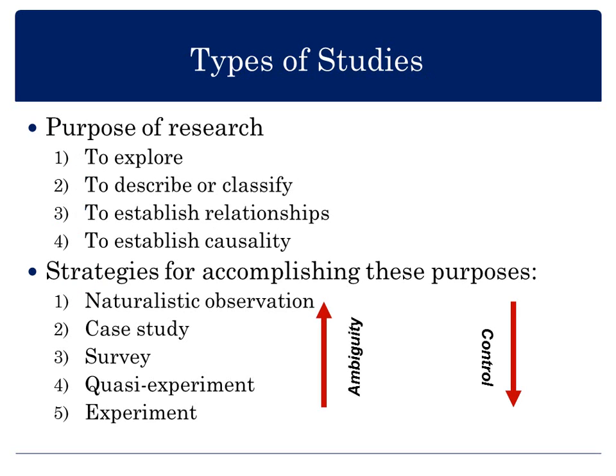We briefly talked about this last time. I'm about to get into the types of studies, the types of designs that you could use. I want to emphasize here again that depending on the purpose of your research and the strategy that you choose, there's a trade-off between ambiguity in the results and the control that you have over the experimental situation.